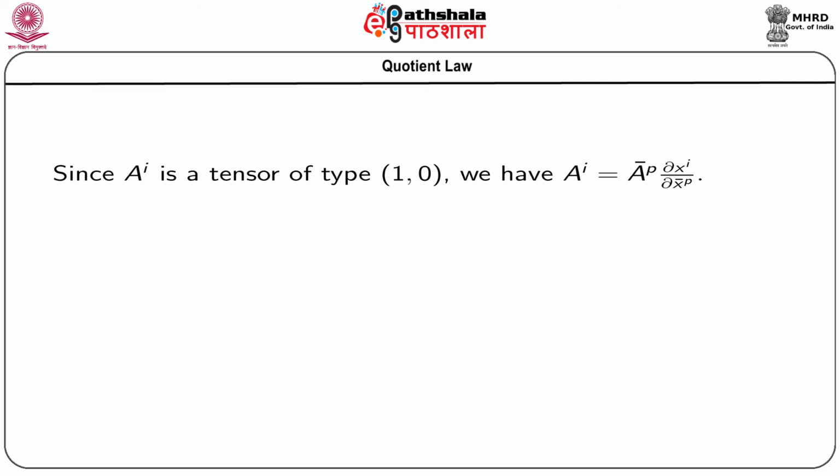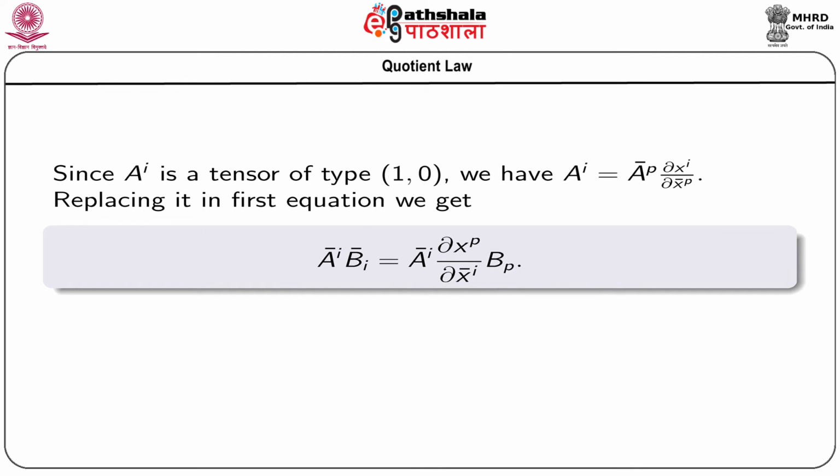Since A^i is a tensor of type 1, 0, by the transformation rule, we can write A^i equals A bar^p del x^i del x bar^p. Replacing it in the first equation, we get A bar^i B bar_i equals A bar^p del x^i del x bar^p B_i.